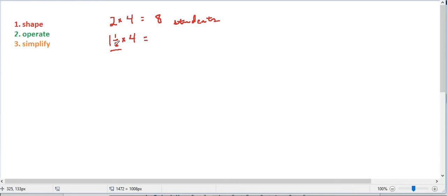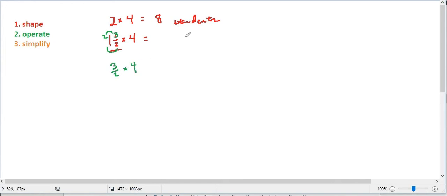You're going to want to change this, the way we've learned, into a top-heavy fraction that is not simplified: 2 times 1 is 2, plus 1 is 3, right? So we've got 3 over 2 times 4.